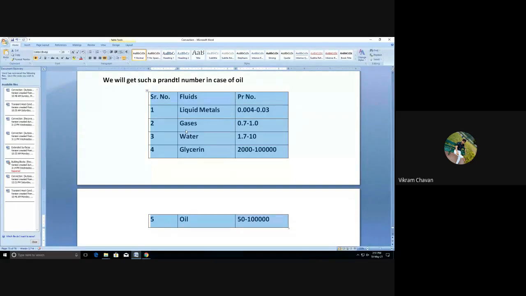Then glycerine, Prandtl number ranging in between 2000 to 1 lakh. And last one, oil. For oil, Prandtl number ranging in between 50 to 1 lakh.